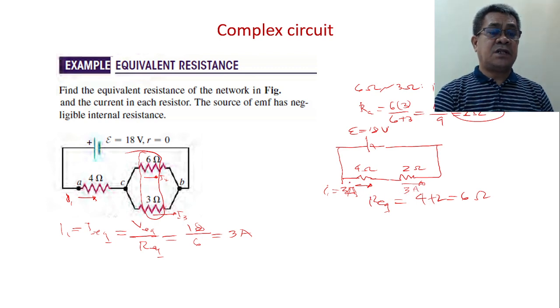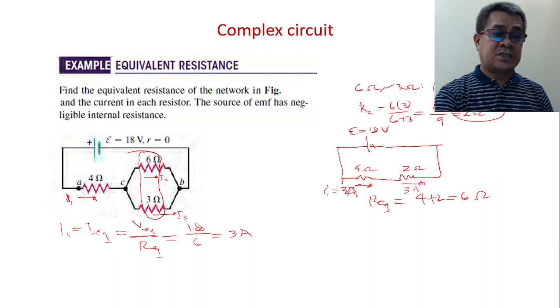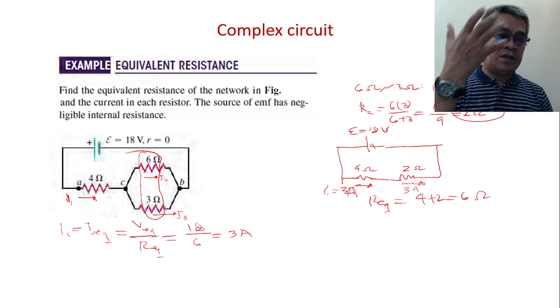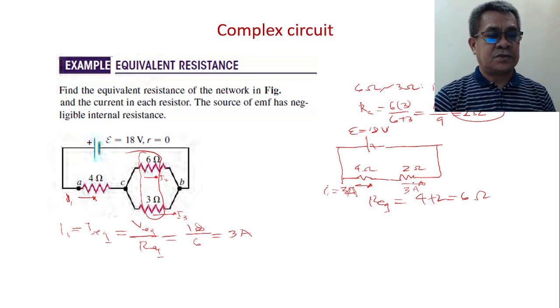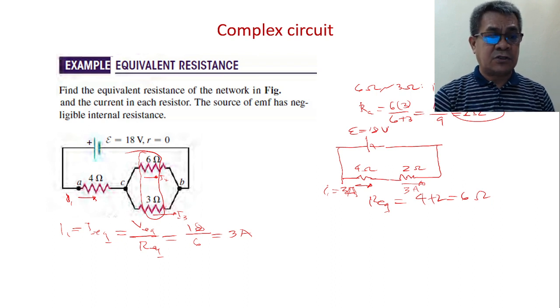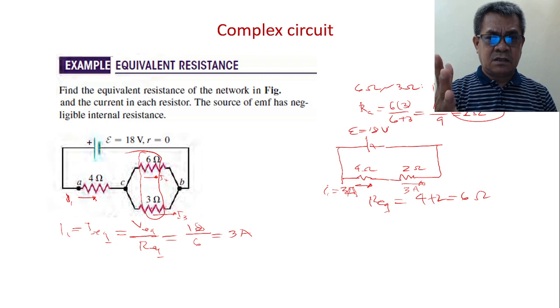Why? Because they are connected in series. If 5 glasses of water pass through the 4 ohms, 5 glasses should also pass through the 2 ohms. Or, since we have 3 amps of current, 3 amps of current should also pass through the 2 ohms. But this 2 ohms, remember, is the combination of 6 and 3, which are connected in parallel.